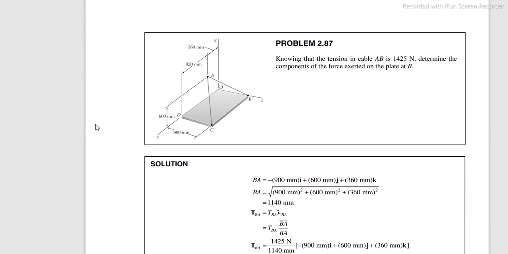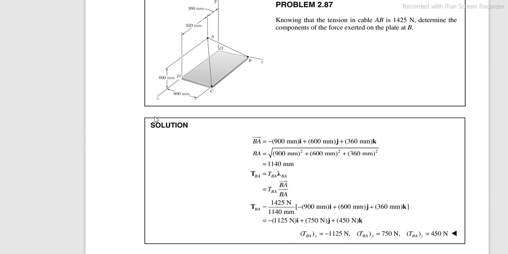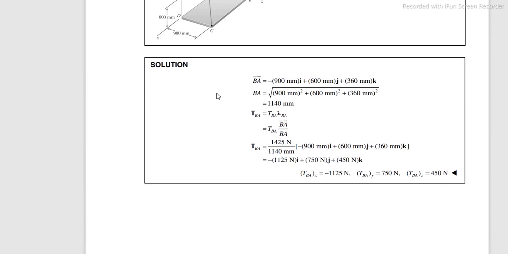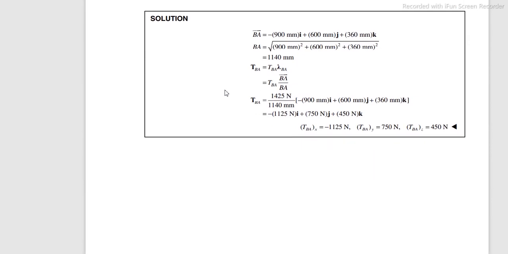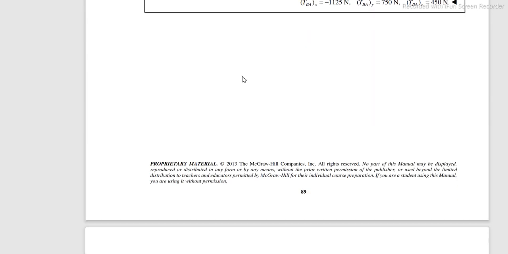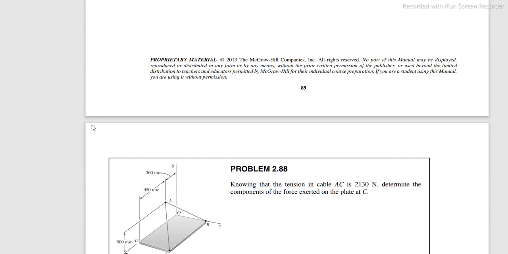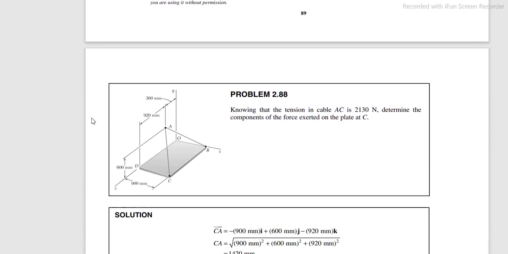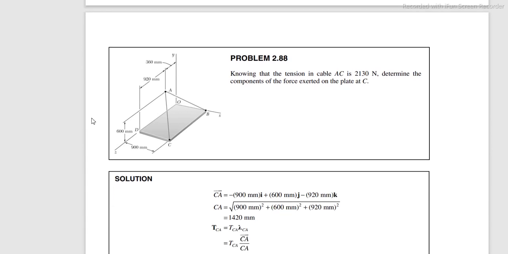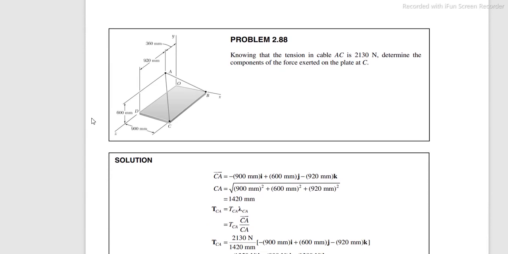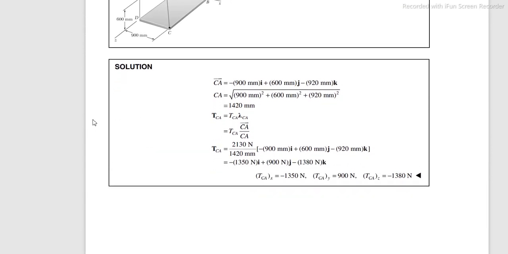Knowing that the tension in cable AB is 1425 Newton, determine the components of the force exerted on the plate at B. That is the question. Here a free body diagram is needed. Problem 2.88. Knowing that the tension in cable AC is 2130 Newton. Similar question and the solution is here.